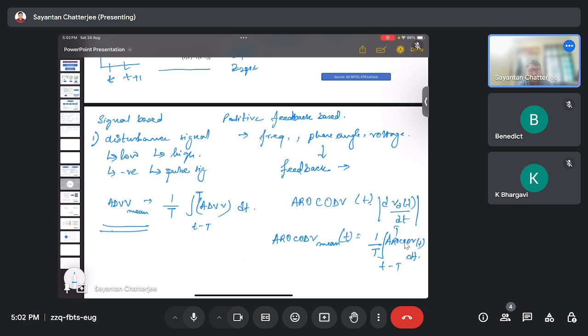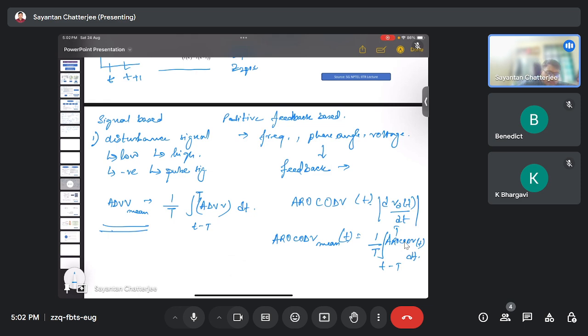Based on these two signal generation based detection techniques, or active detection techniques, both can be implemented together to have a better trip signal.